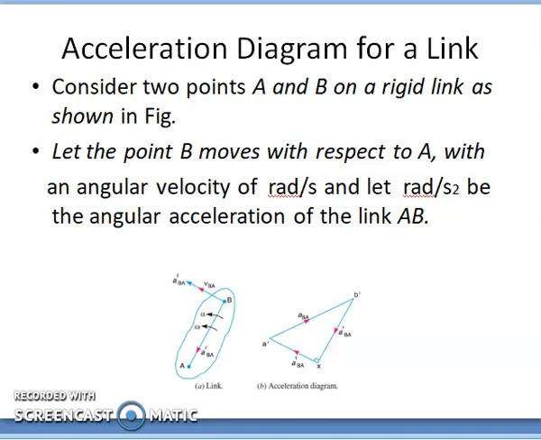So first let us discuss how to draw the acceleration diagram for a link. So this is a link. You consider 2 points A and B on this rigid link.